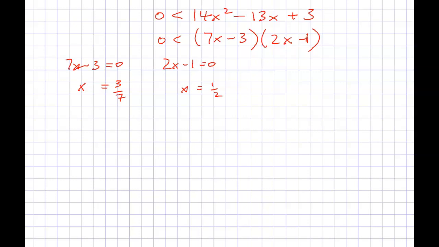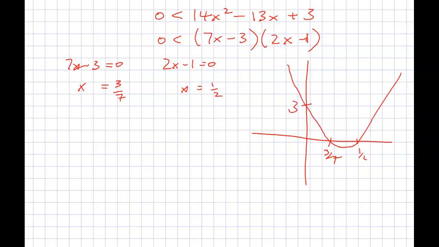So now I have to think about what is going on with this graph. So again, this is quadratic. It's greater than 0. So if I think about my curve, there's 3/7, there's a half, and my curve is doing something like this. It's coming down and back up again. It's not very to scale, doesn't matter.